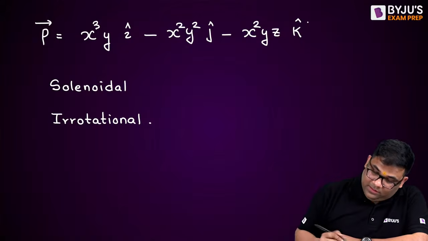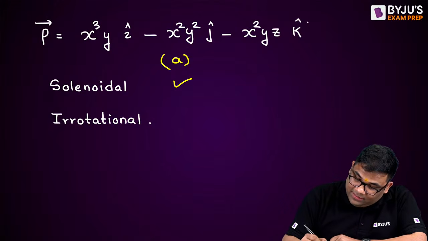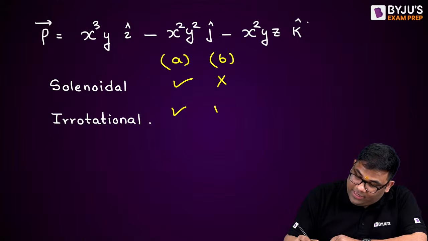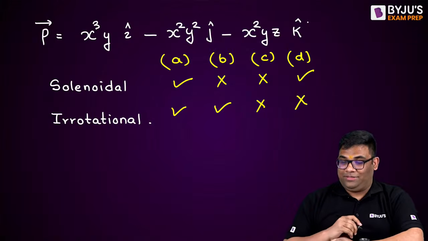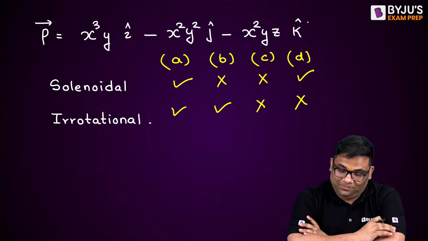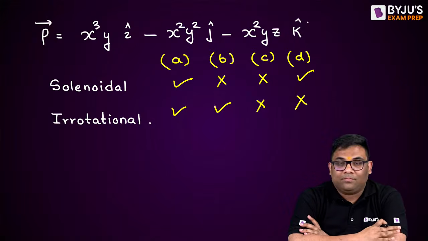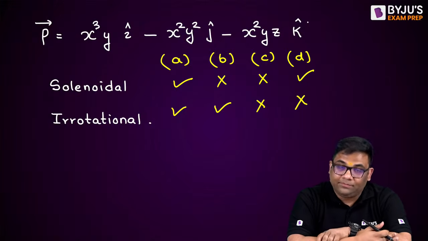Check. Suppose I am giving option A as right, option B as wrong, option C as wrong, and option D as right, wrong. So give me the answer to this. This was asked in GATE 2016.